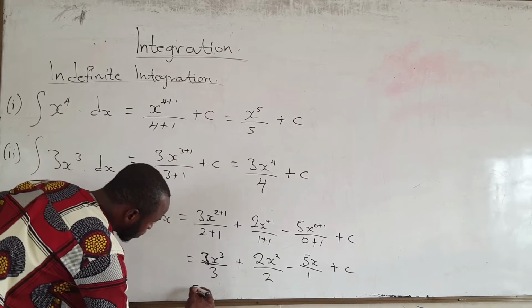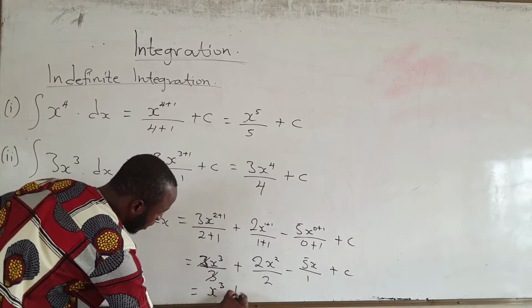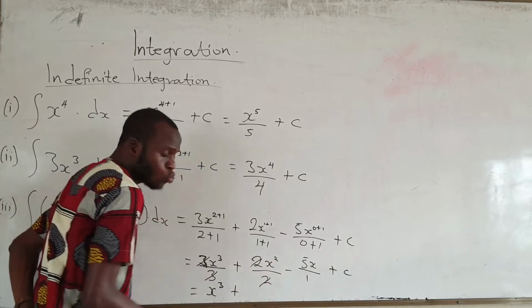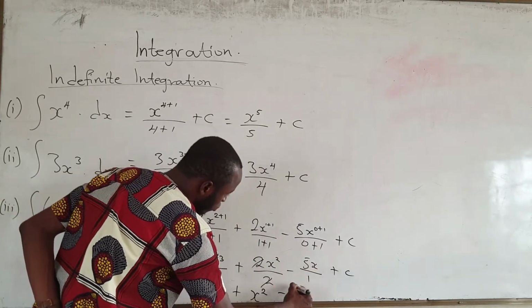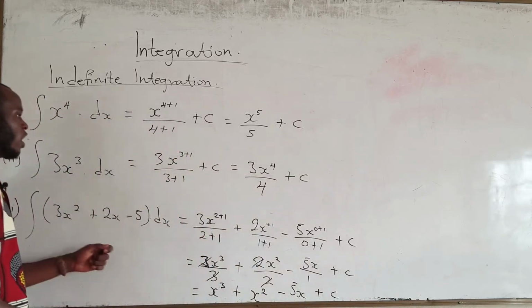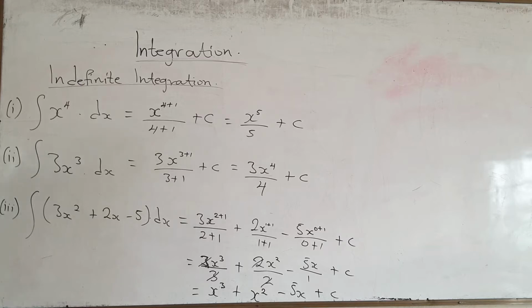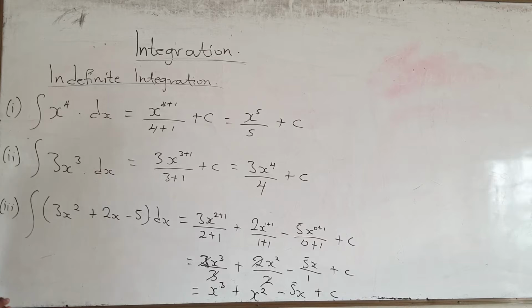When you look at the expression very well, this 3 will cancel this 3 and we'll be left with x to the power 3 here, plus these 2 will cancel these 2 and we'll be left with x squared, minus 1 will go into here, giving us 5x, plus our arbitrary constant c. And this will bring us to the end of the solution for the third question, and to the solution of all the 3 questions that we just gave as an example to better our understanding.